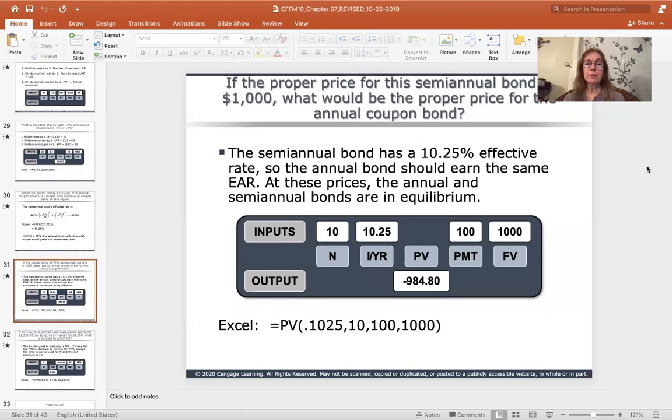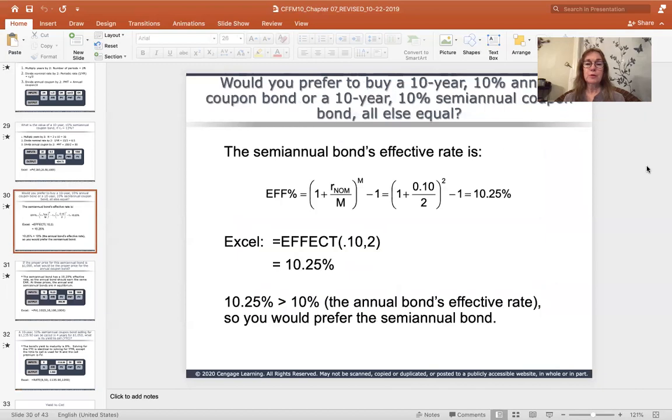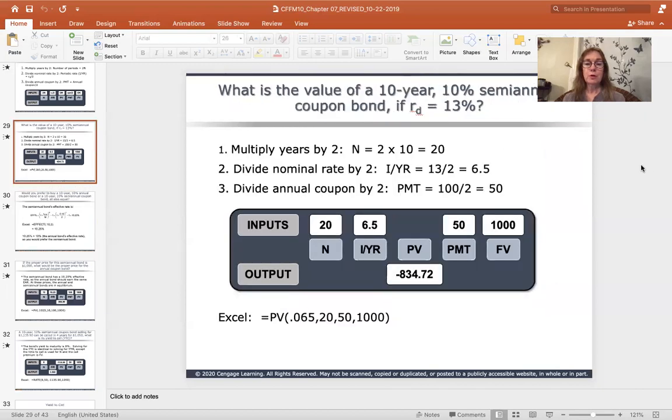So the last thing I wanted to mention to you is, when you have these semi-annual coupon bonds, if you're asked to calculate the yield to maturity, when you get the yield to maturity, your answer is going to be per 6 months. Anytime it says yield, it means annual.